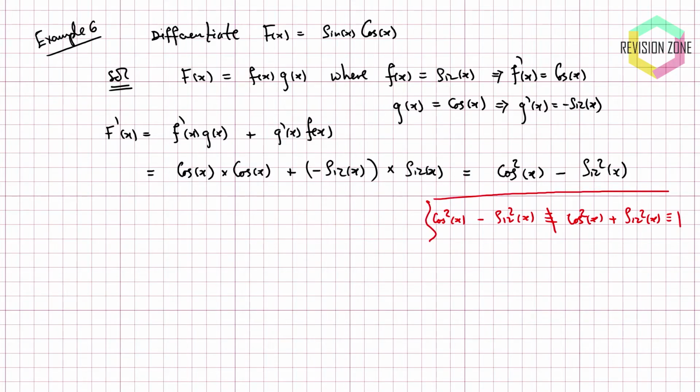Perhaps we can't necessarily check this by using any standard trivial method. What we can do is redo this calculation as a way of checking. Define F again as f times g, but because sine times cos is the same thing as cos times sine, because you can multiply things in a different order and the answer doesn't change, let us now define our f of x to be not sine x but cos x.